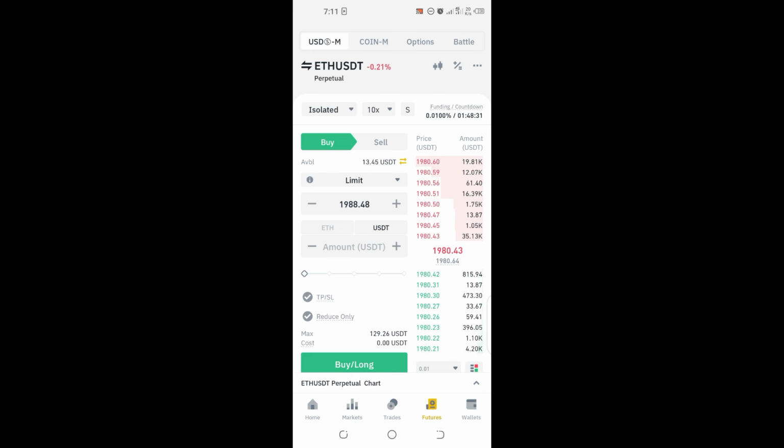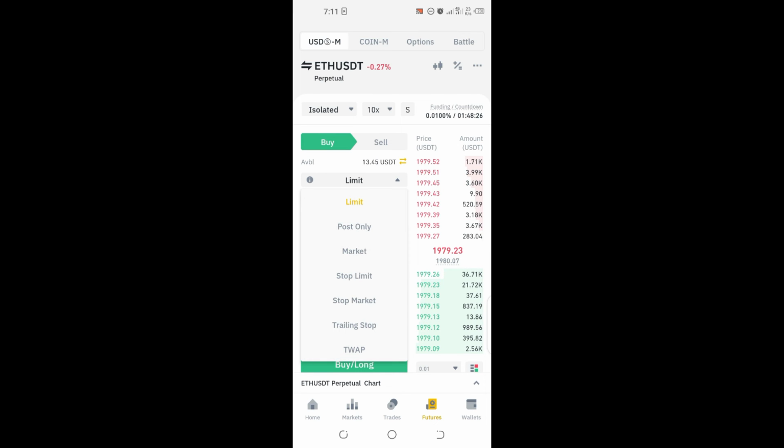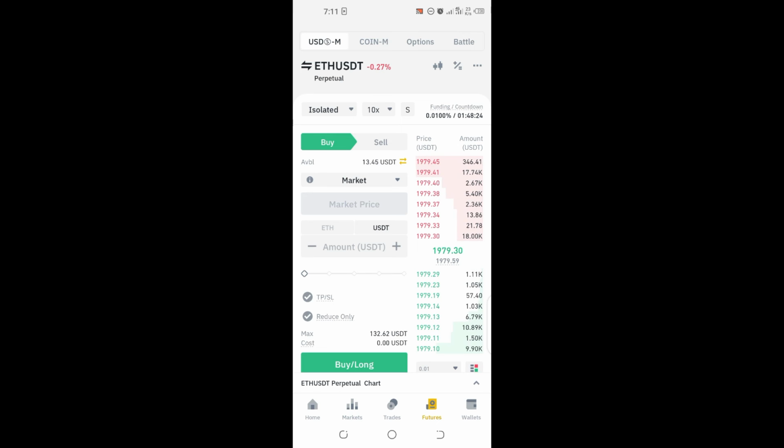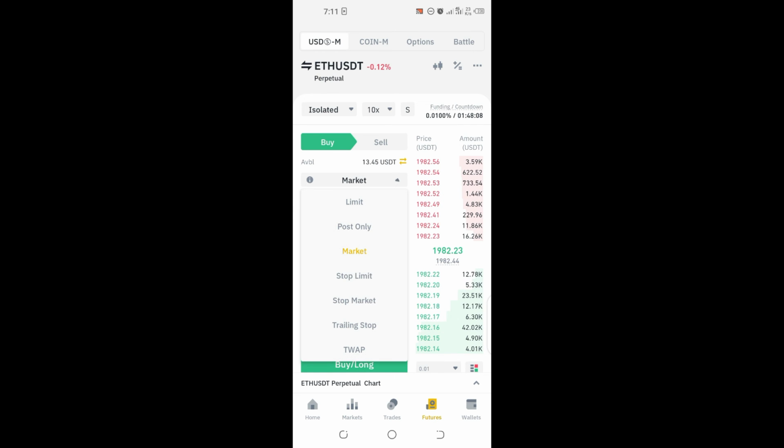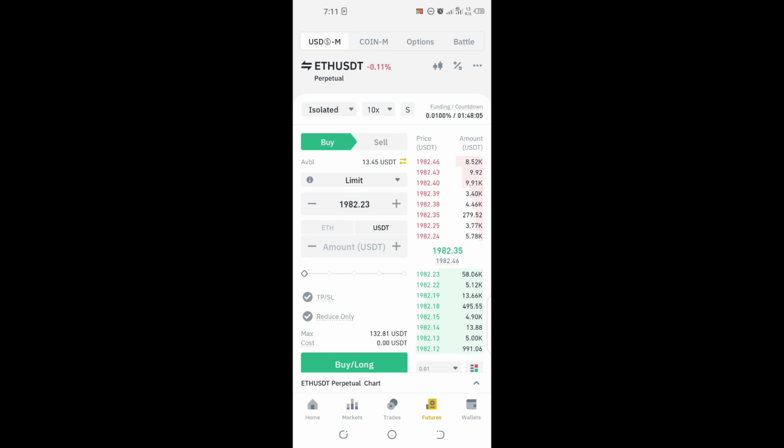But if I want to enter the trade directly, I will have to click here and take market. If I take market, I will enter the trade at the market price, because right now the market price is 1,981.82 US dollars. But I will always like to use limits and enter at a certain price limit.